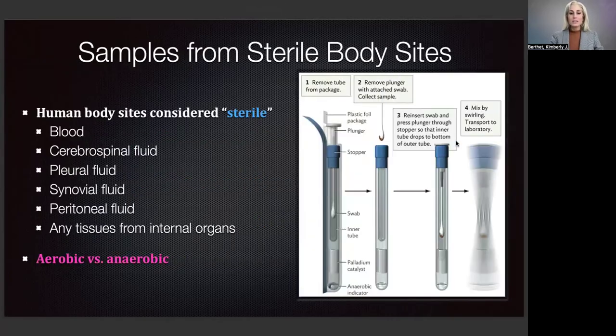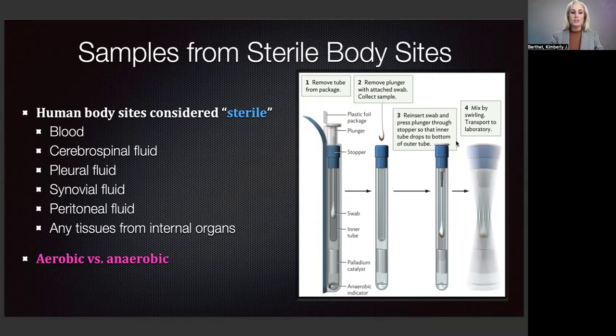Let's go ahead and look at sterile body sites. So the ones listed here are sterile body sites, meaning that if we sample from these areas, we would not find microorganisms. So there's not a lot of them, but there is our blood, cerebrospinal fluid. So it's the fluid around our brain and spine.